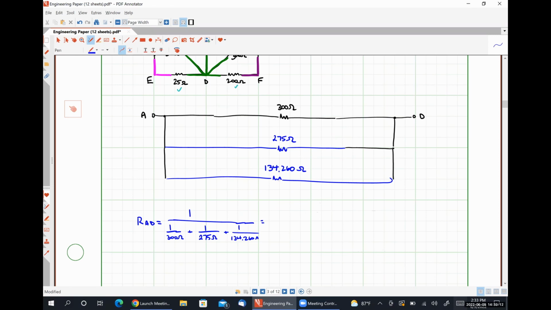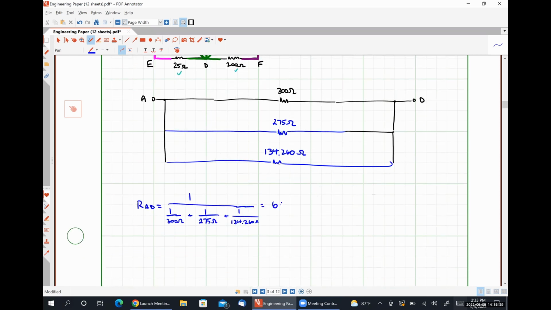And I'll throw this into my calculator. And the equivalent resistance between terminals A and D comes out to be, I can write here, 69.358.